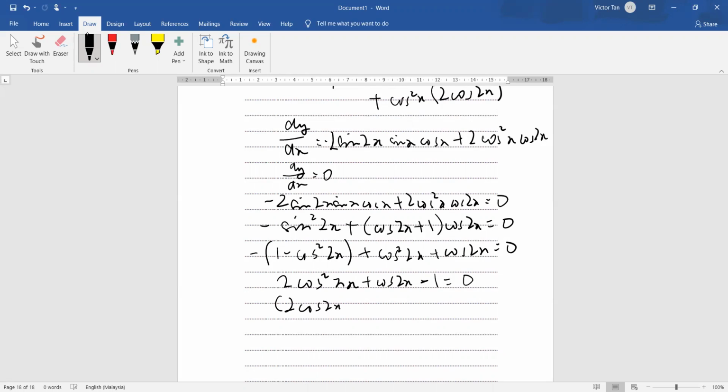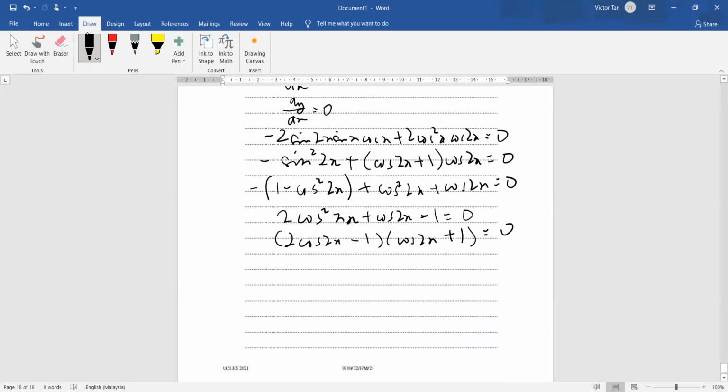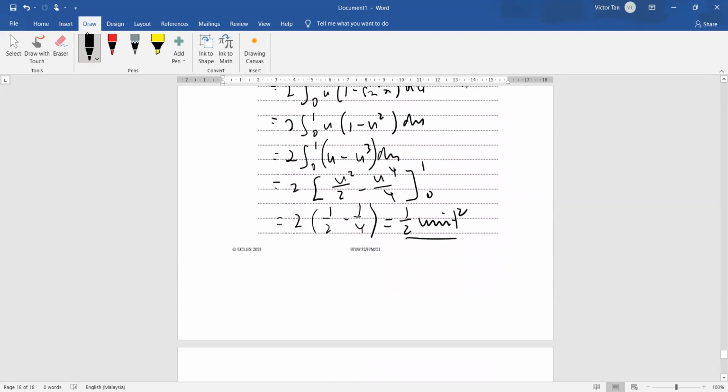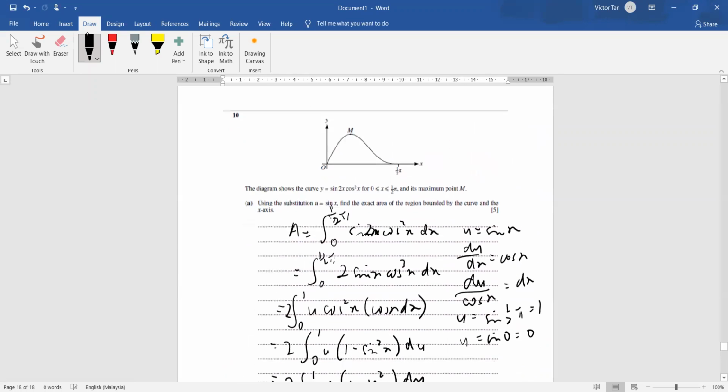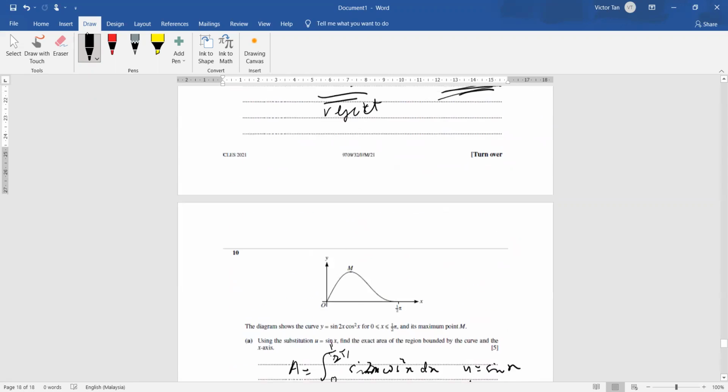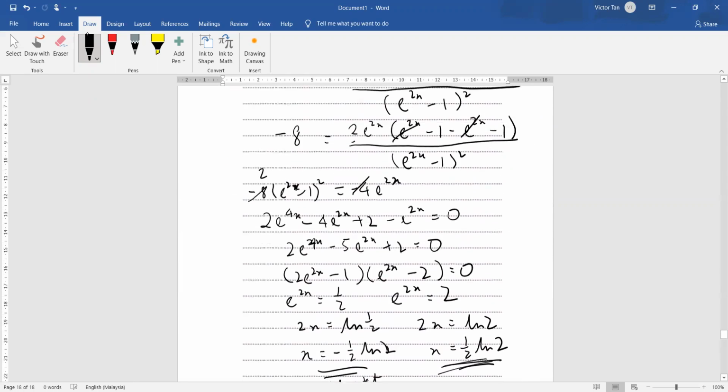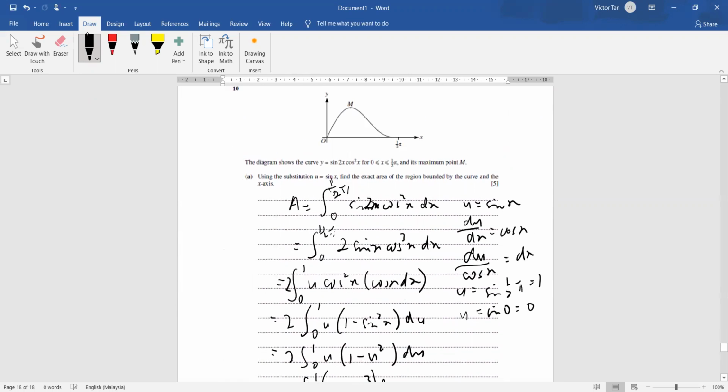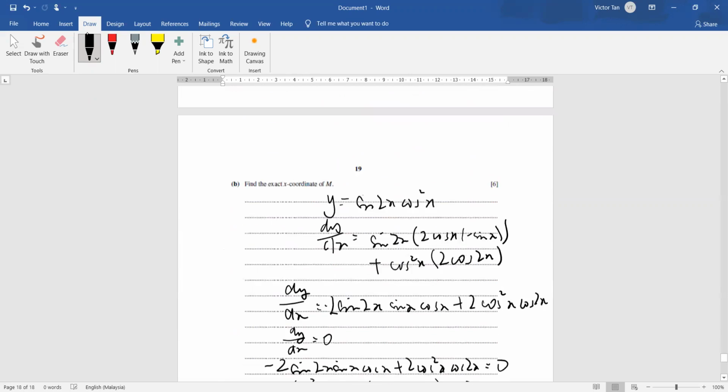This one you can factorize. One here will be minus 1. So you have cos 2x equals to half, or cos 2x equals to minus 1. So you need to choose the correct solution only.